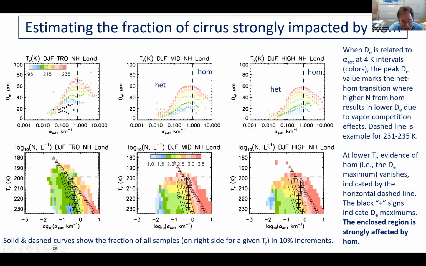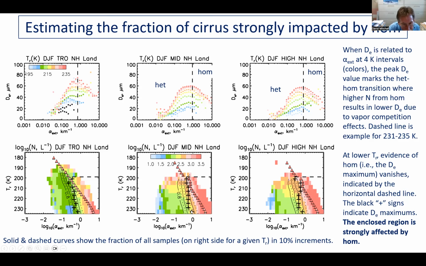And that just illustrates how we separated the two regimes, the Het and the Hom regime. So on the left side of the maximum for a given temperature interval, like a 4-degree temperature interval, to the left side is the heterogeneous regime, and the right side, that's the homogeneous regime. That's a more conservative treatment of the approach of defining these two regimes, because it ensures that the microphysics is very different between the two.